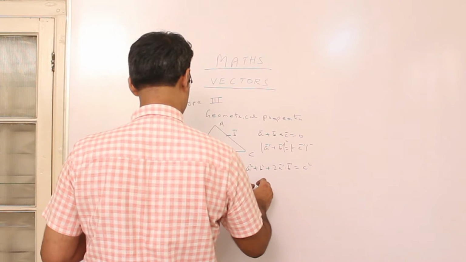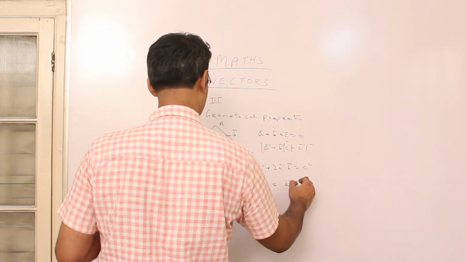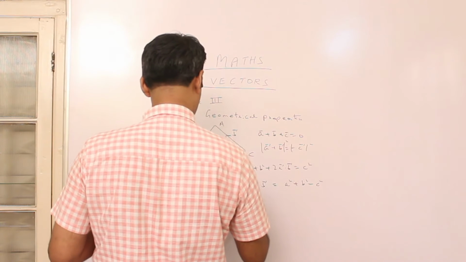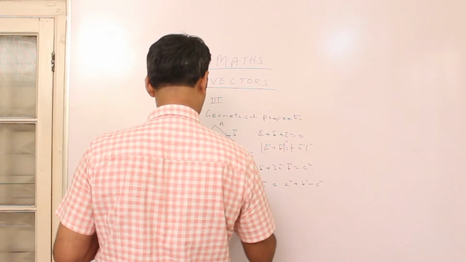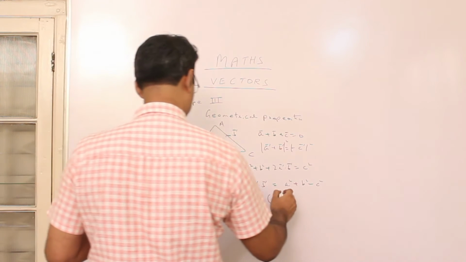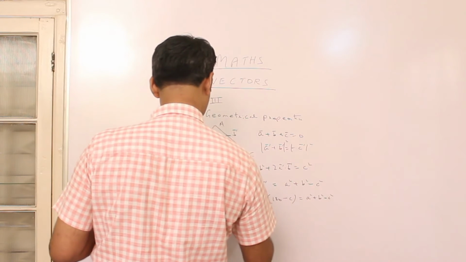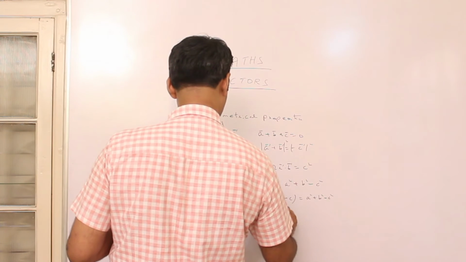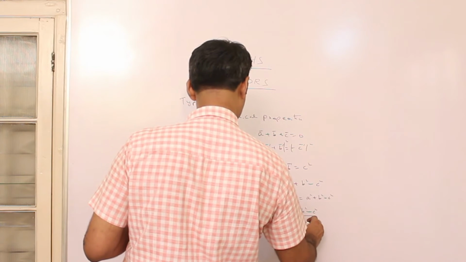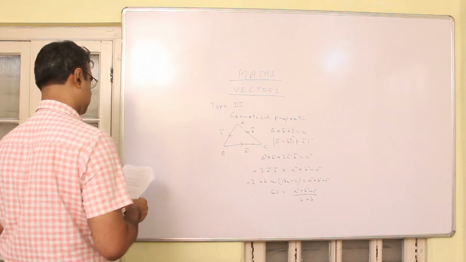Now you can write minus of 2A dot B is A square plus B square minus C square. Now 2A dot B is minus 2AB into cos 180 minus C. So finally we will get cos C is A square plus B square minus C square by 2AB.